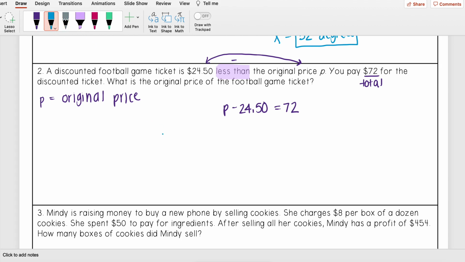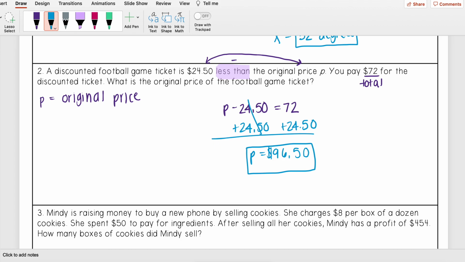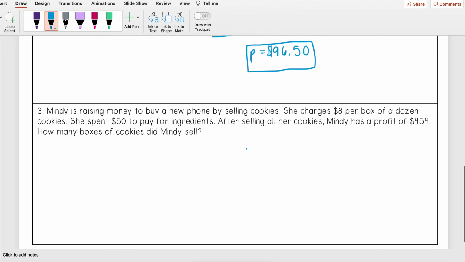And so now to actually solve this, I'm going to add $24.50 to both sides. And so when I do 72 plus $24.50, I get $96.50. And I make sure to add my units there.